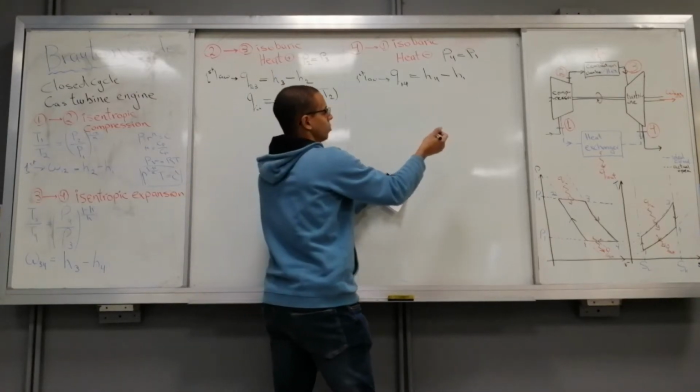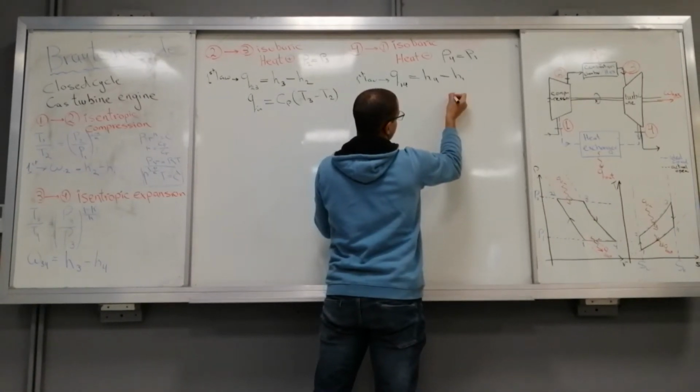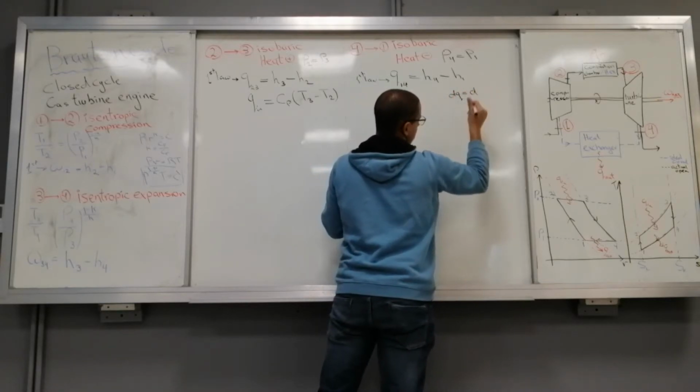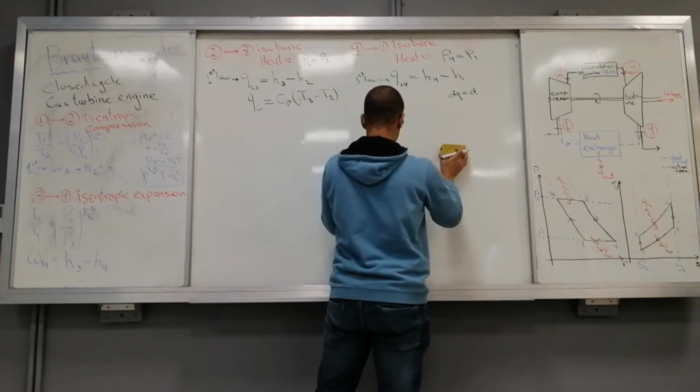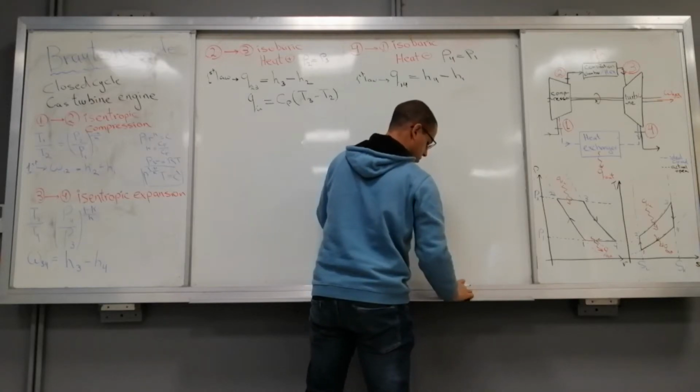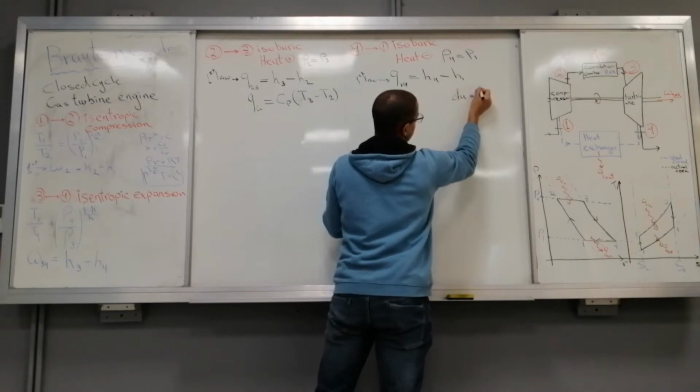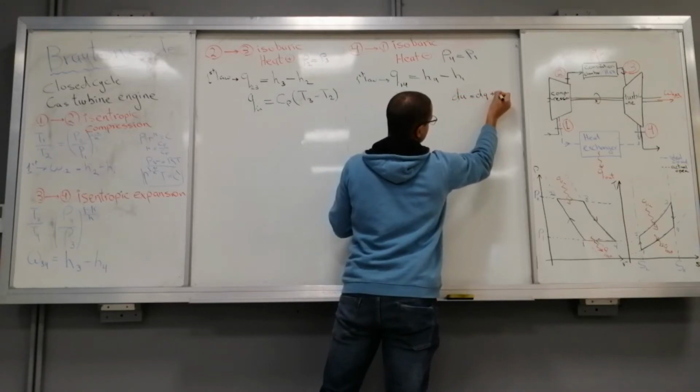That's it. We know that the law itself can be stated as dU equals dQ plus dW, and here you don't have any work.